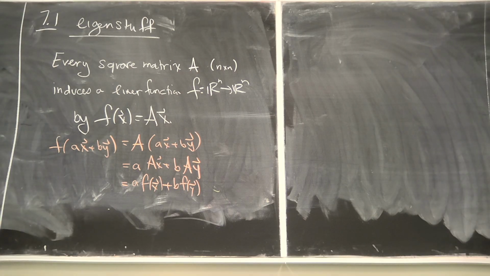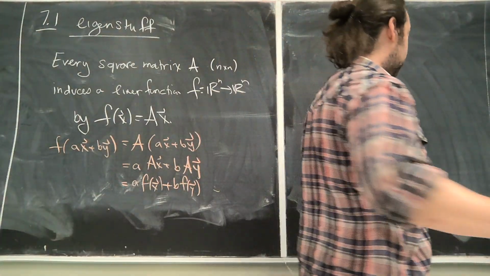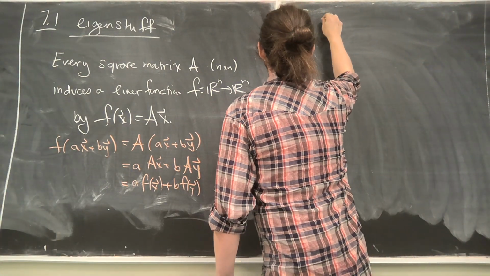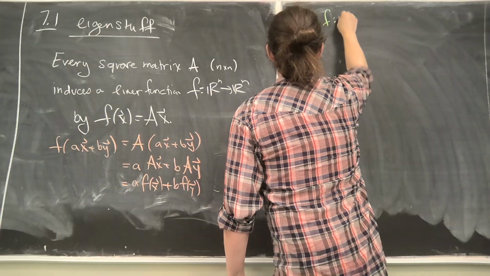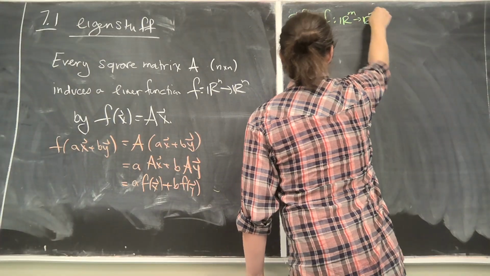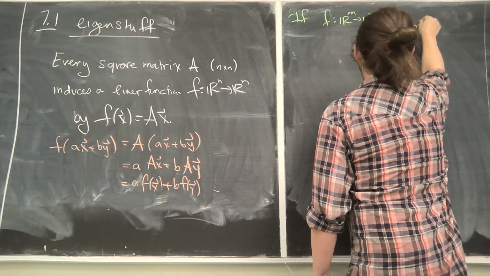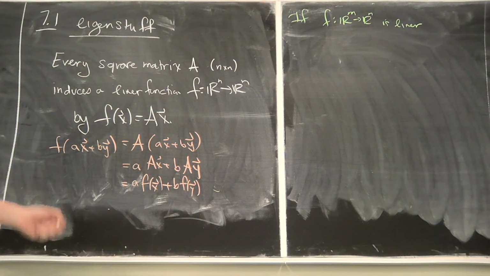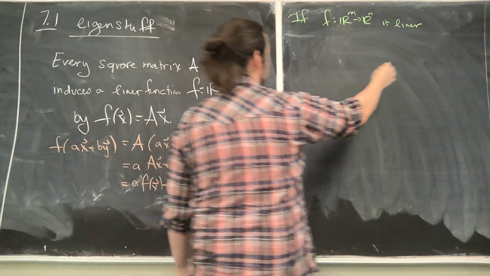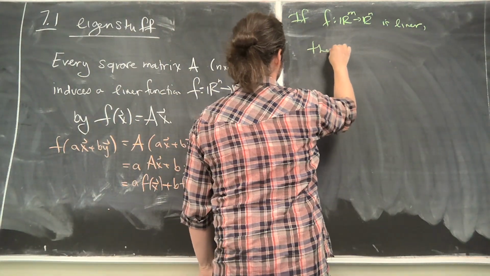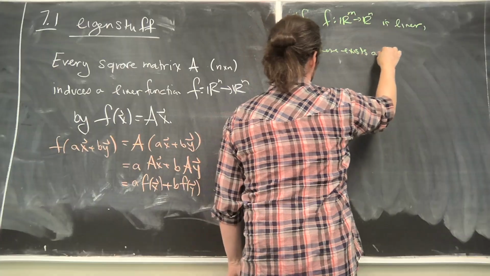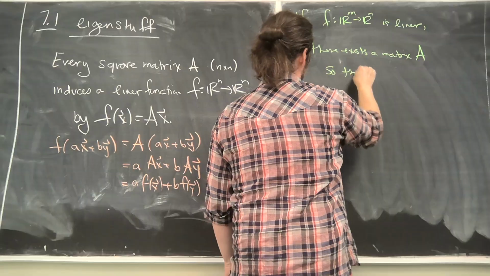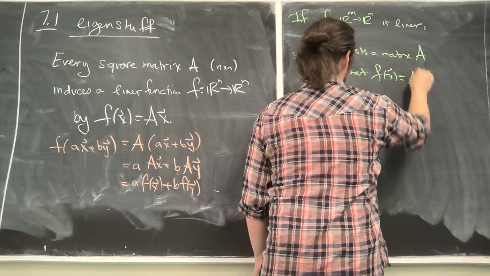There's a theorem I don't really have time to go into in a lot of detail, but actually the reverse version of this idea is more interesting. It turns out that if f takes, say, Rm into Rn and is linear, so any linear function, like differentiation or integration on a finite dimensional vector space, then there exists a matrix A so that f of x is equal to A times x.